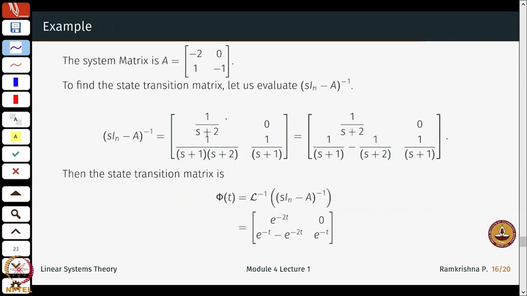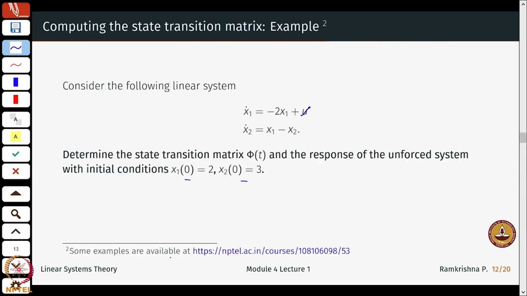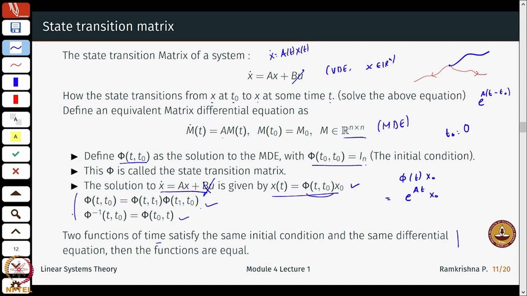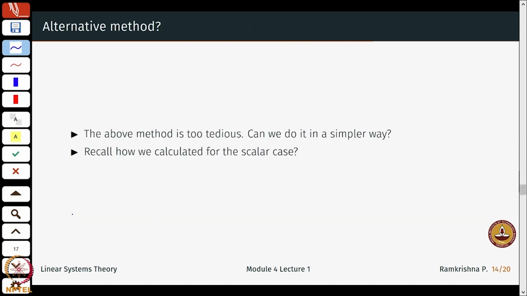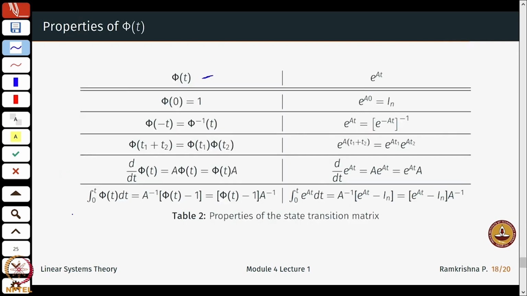A couple of them we already derived over here. So, in general, what will the state transition matrix satisfy? These are the properties, and you can relate them each time to the special case of the state transition matrix, which is e power At.